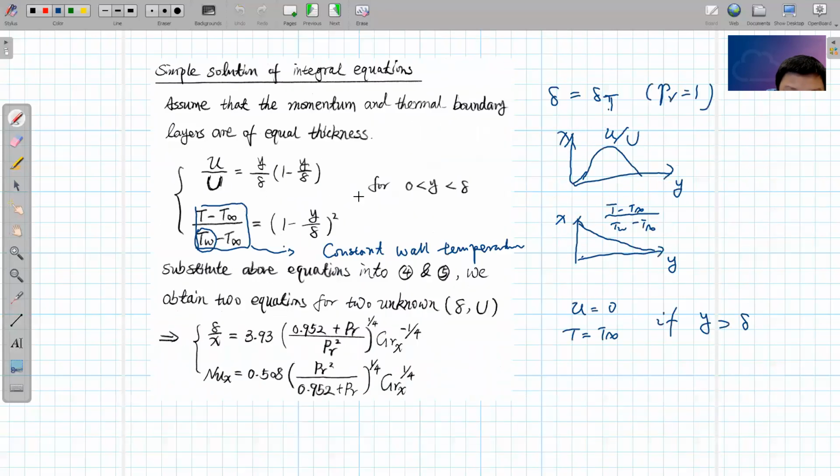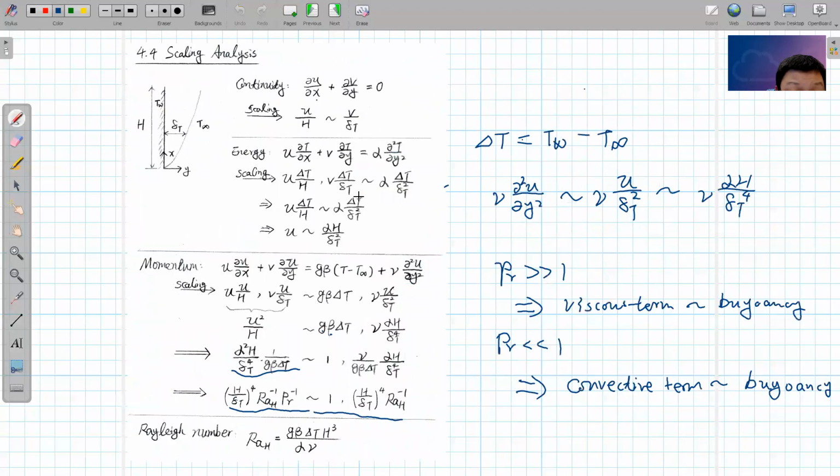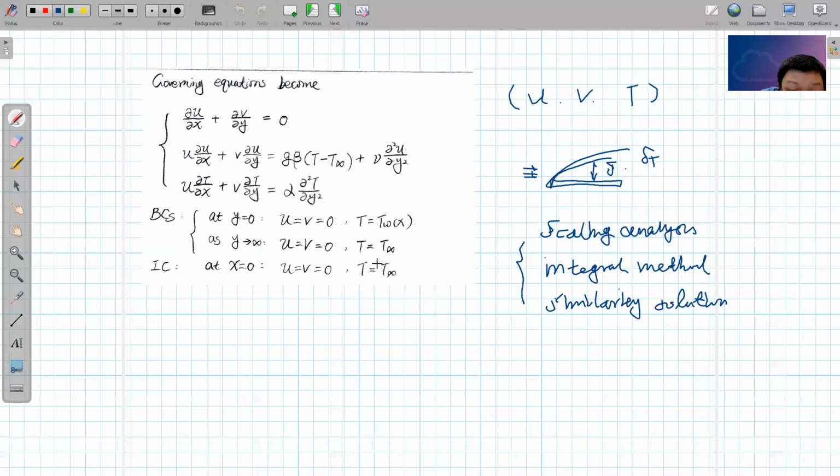You bring these u, v, and theta values to the governing equations we have after the Boussinesq approximation, the momentum and the thermal equation.